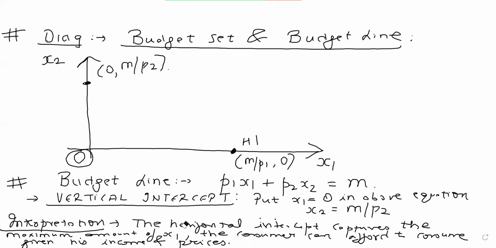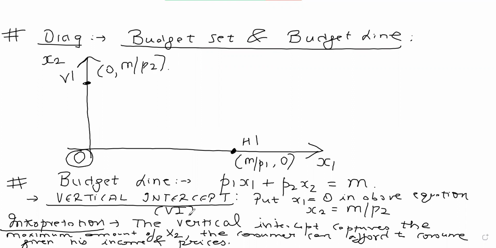And the interpretation: the vertical intercept captures the maximum amount of x2 the consumer can afford to consume given his or her income and prices. So this is the vertical intercept, short form VI.